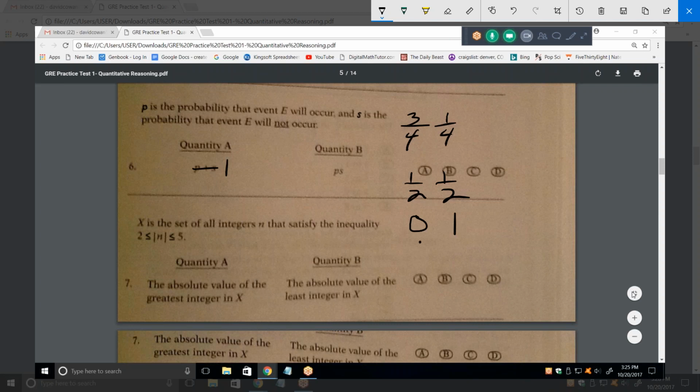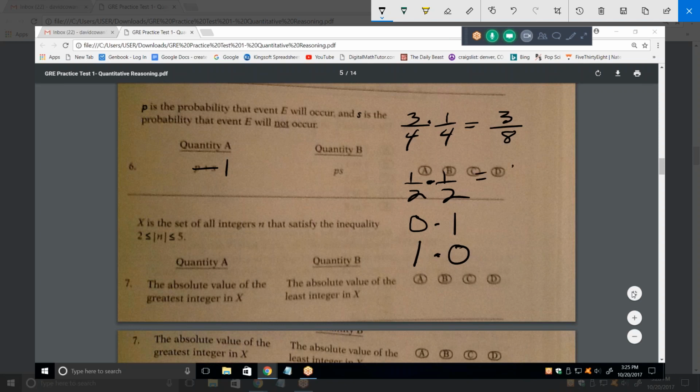And if P were 1, S would be 0. You can see what I'm getting at, but if you take the product of all of these, it's a number less than 1. In other words, when you multiply two fractions, both less than 1, you always get a fraction that's less than 1. In fact, smaller than the first fraction.